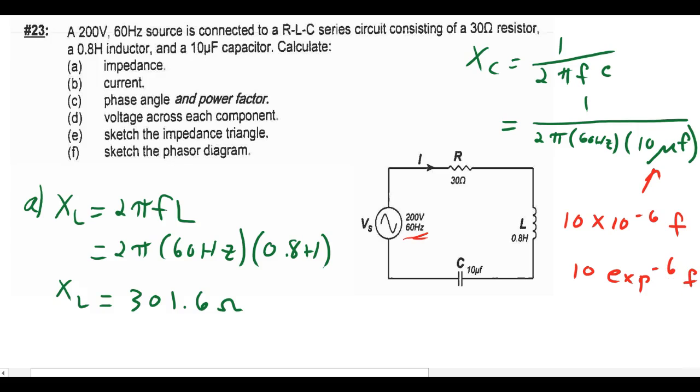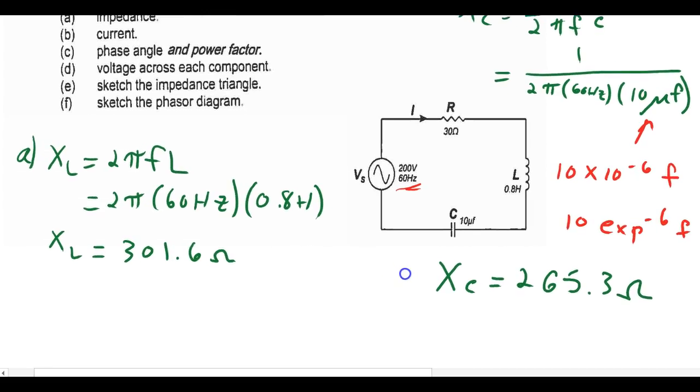And so when we type this into our calculator, we should be able to come up with XC equals 265.3, and the unit for capacitive reactance is ohms.